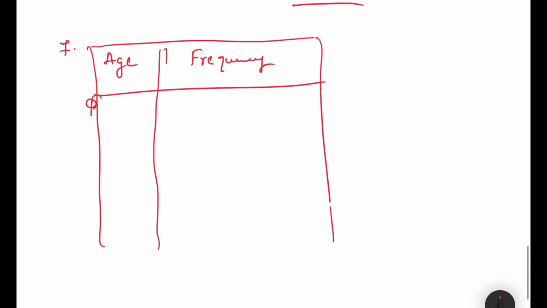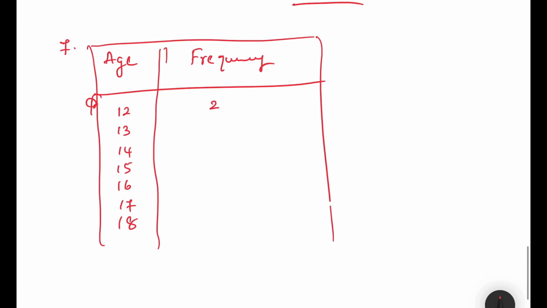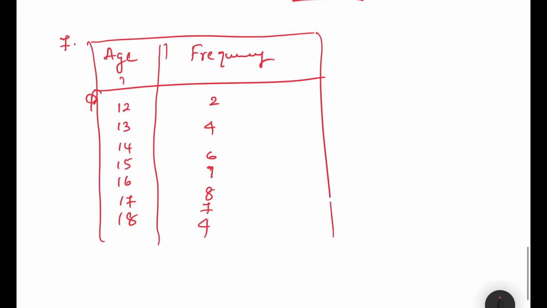So what are the ages? 12, 13, 14, 15, 16, 17, 18. The frequencies are 2, 4, 6, 9, 8, 7, 4.